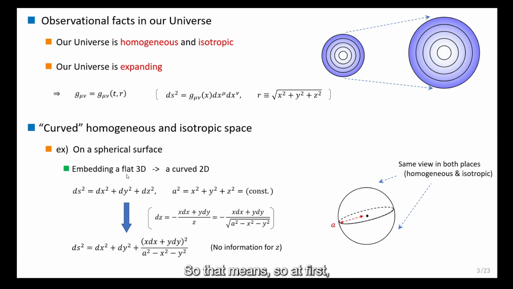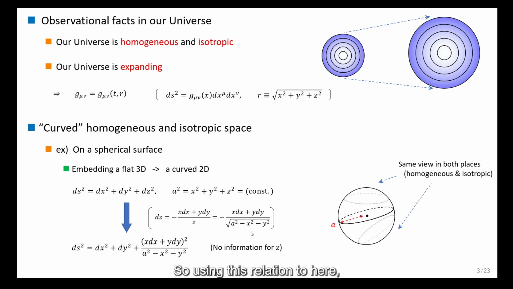At first we consider flat three-dimensional space with a constraint with radius a, which is a constant. Using this constraint, you can get a relation between z and x and y.